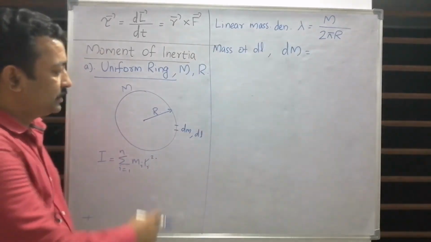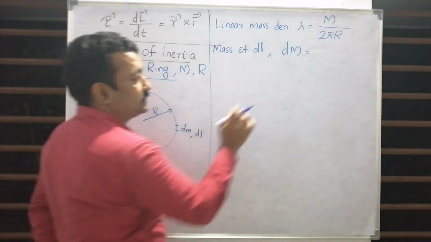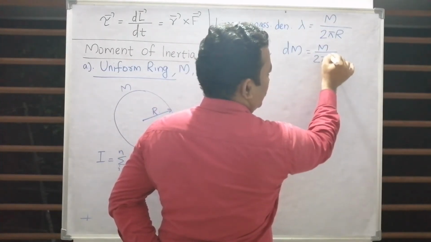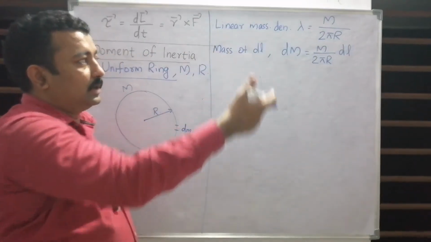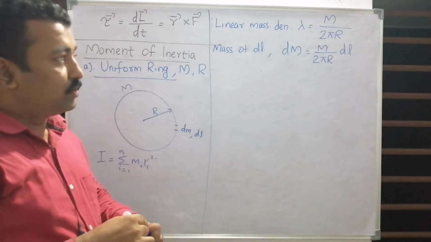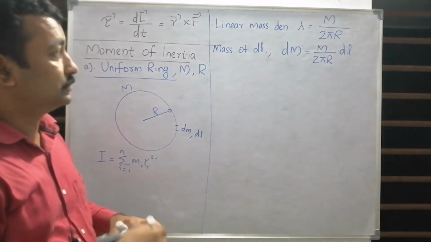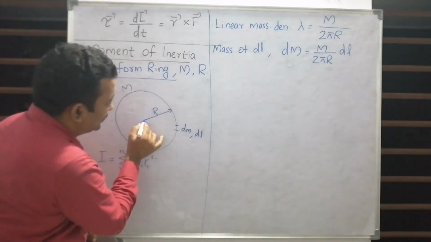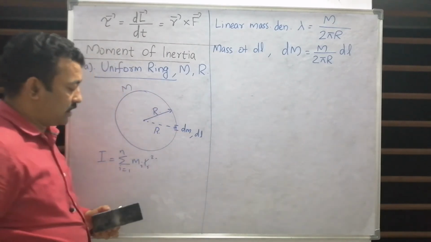That will be equal to linear mass density multiplied by that length, which is m divided by 2 pi r into dl. Ultimately, I am converting one variable to another variable. You will see that very soon. So there is a mass dm at a distance of r.